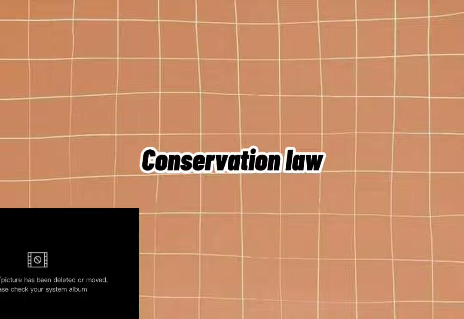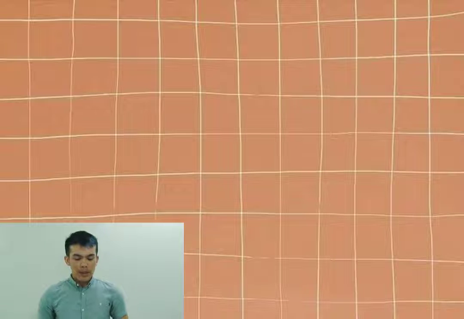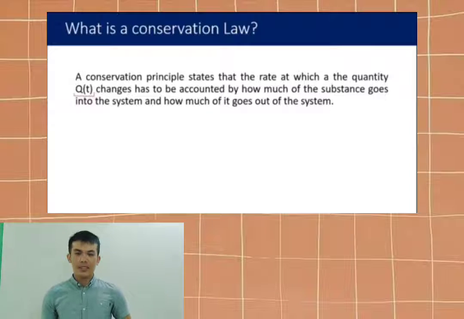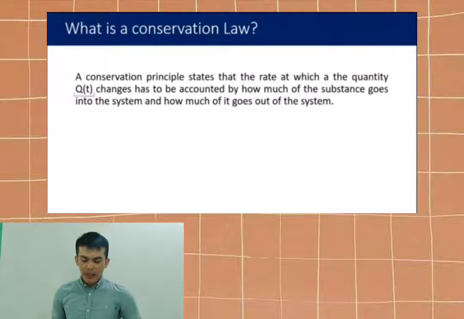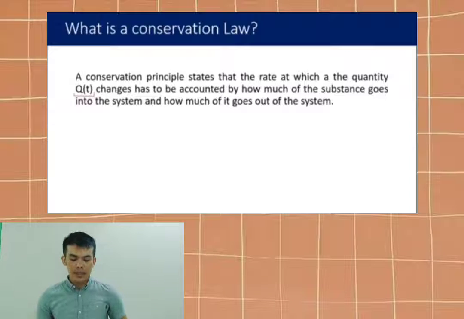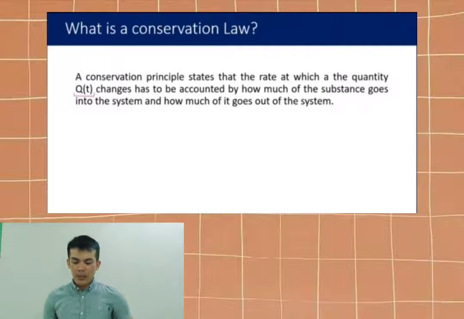So we are now ready to explain what is a conservation law. A conservation principle states that the rate at which a quantity changes has to be accounted for by how much of the substance goes into the system and how much of it goes out of the system.